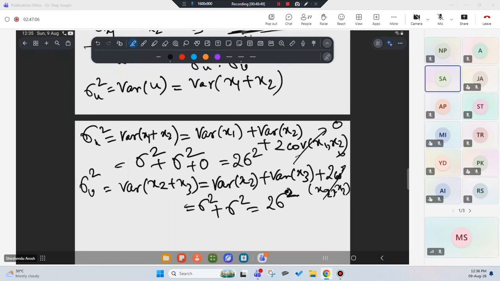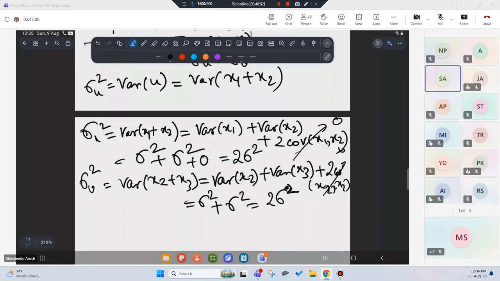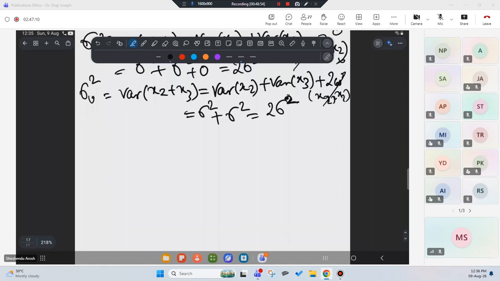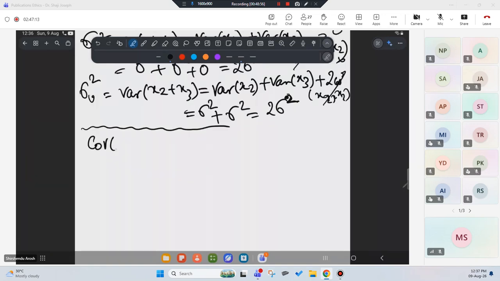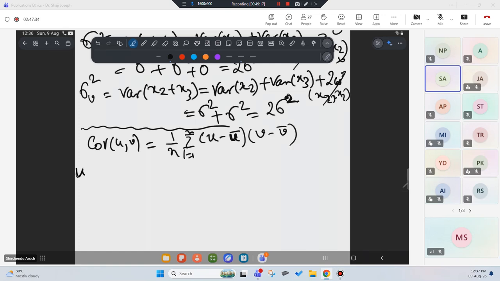Now for the covariance part, covariance u comma v. Again we start with the very basic definition. Since we are doing the algebraic part, we'll define (u minus u bar) by (v minus v bar). What is u? So ui minus u bar, vi minus v bar.